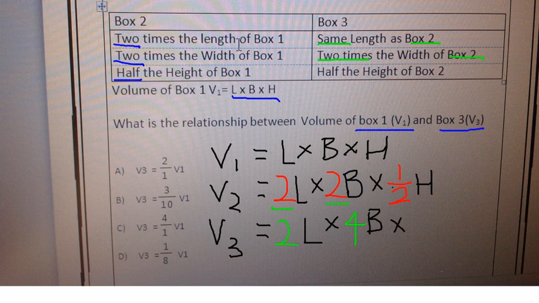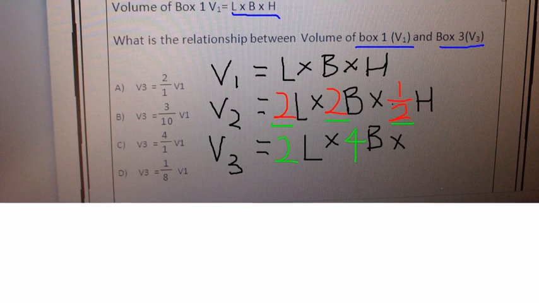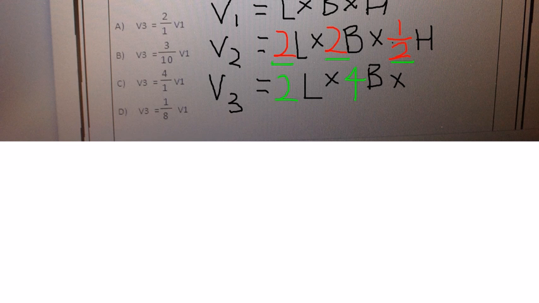Okay. Now the height. For the height, it says half of box 2. Well, box 2 is already half. So what is half of half? Okay, let's take a look below here. Half of half.